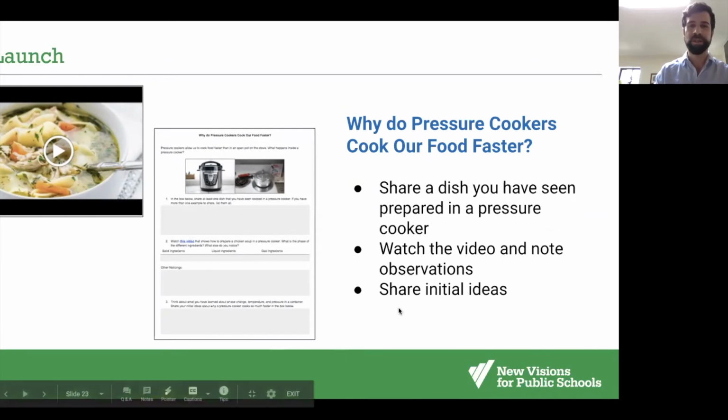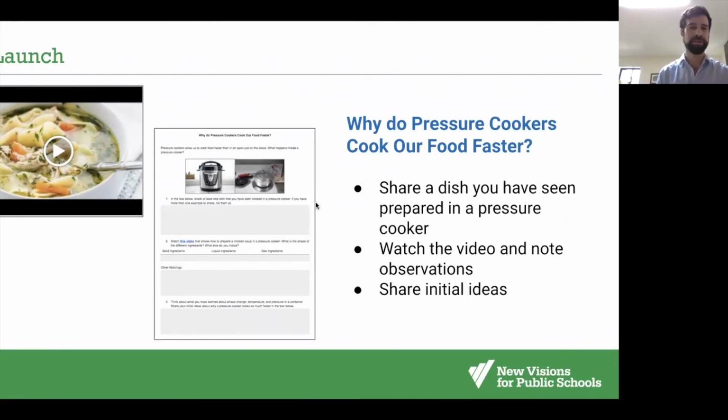So the launch consists of this phenomenon about why a pressure cooker cooks so much faster than a regular pot with no lid on the stove. Students are first going to get engaged with it by sharing some dishes that they've either prepared themselves or that they know are prepared in pressure cookers.